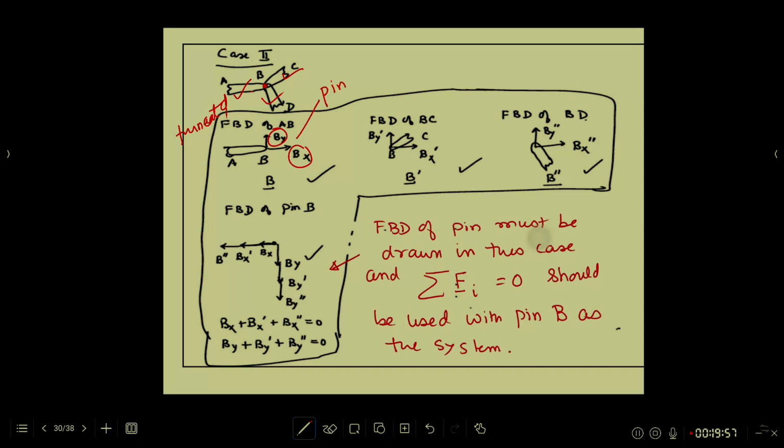I put Bx prime, By prime, by pin on BC. And then I go to BD and I put Bx double prime, By double prime, by the pin on BD.